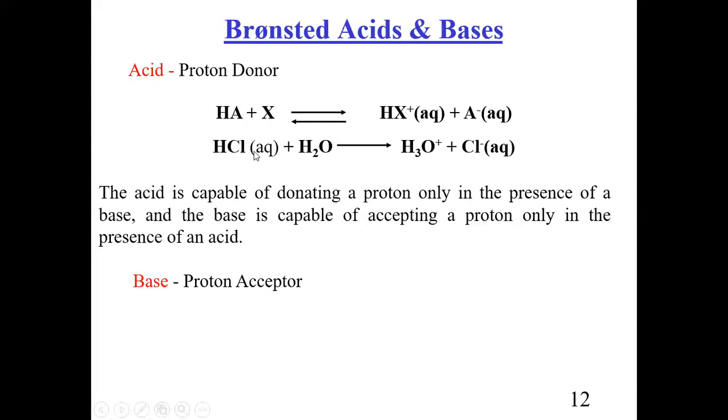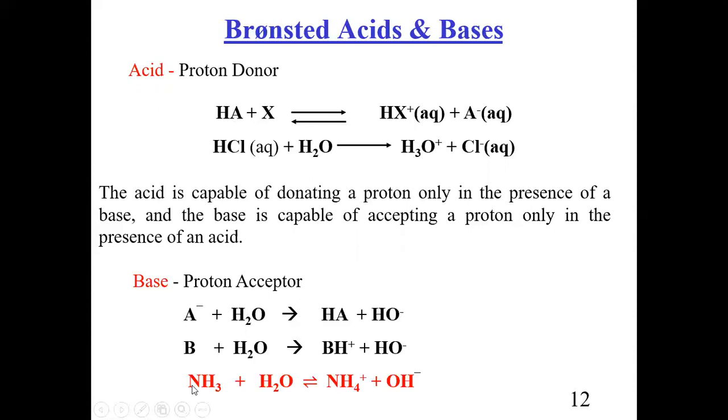So this HCl aqueous, in the presence of water, the water accepts the proton which the HCl donates. So HCl will donate a proton, the water accepts it, water becomes H3O plus, and unfortunately this becomes Cl minus, left on its own without its proton.